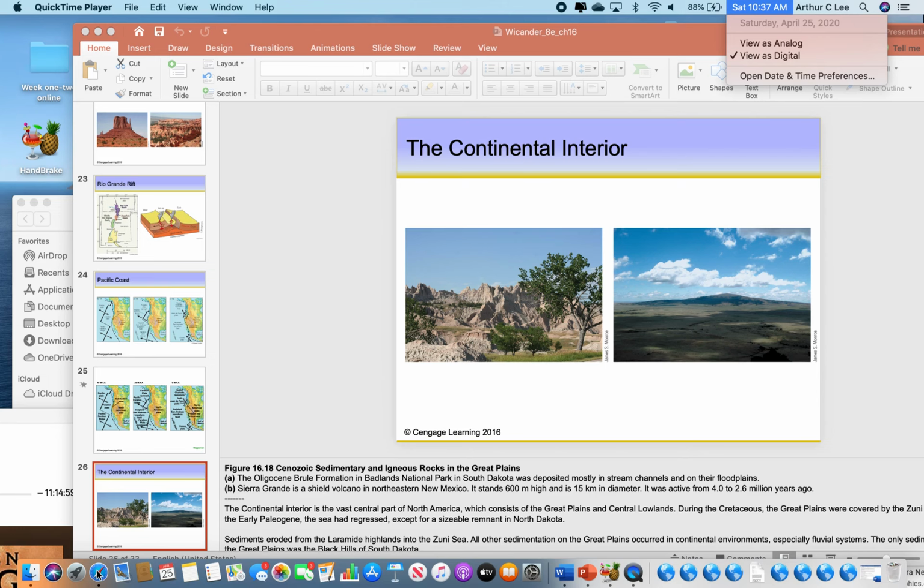And it's important to remember that the Mesozoic era ended 65 million years ago.